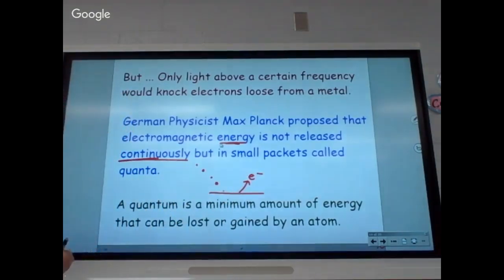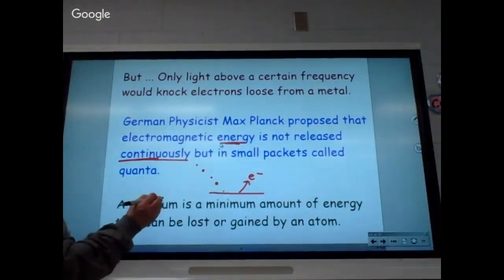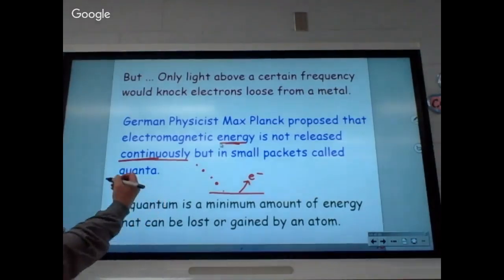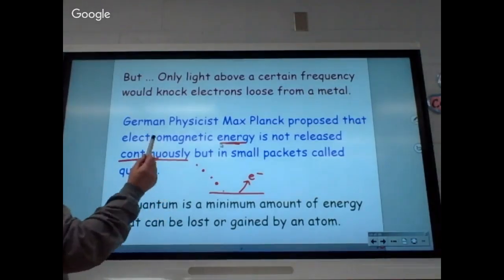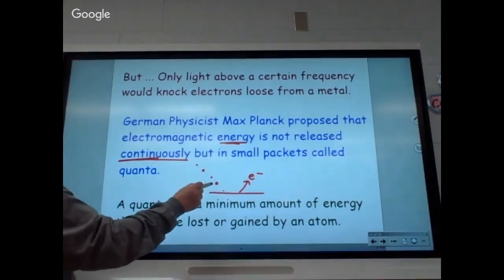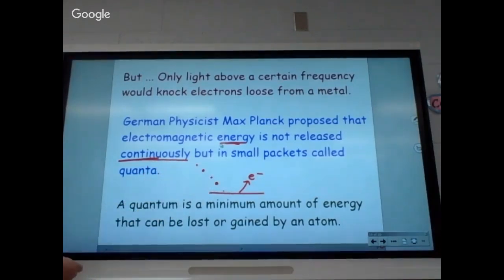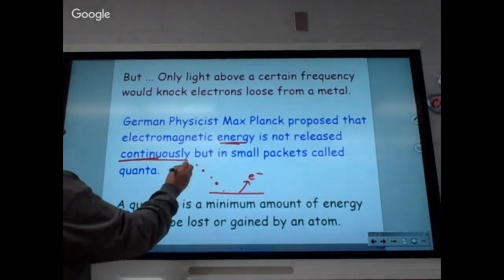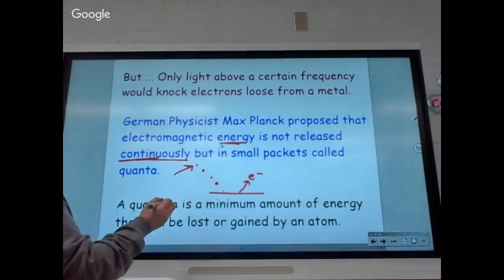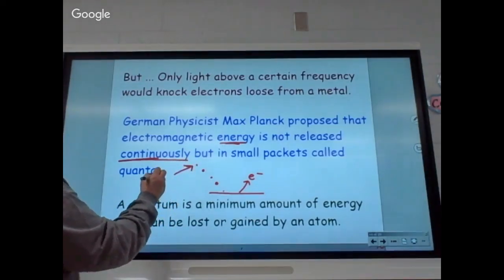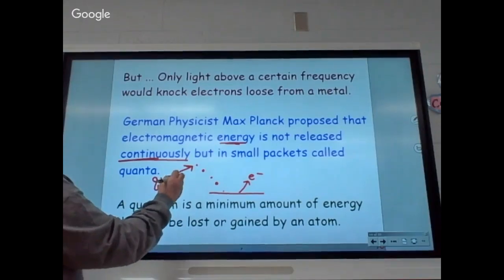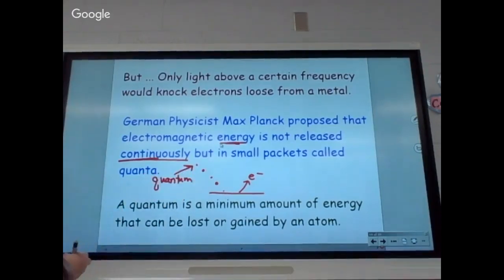Now, he called these little packets of energy what? Quanta. Now, quanta is plural for all these together collectively. Okay? Now, a singular burst there is called a quantum. Okay? One is a quantum.